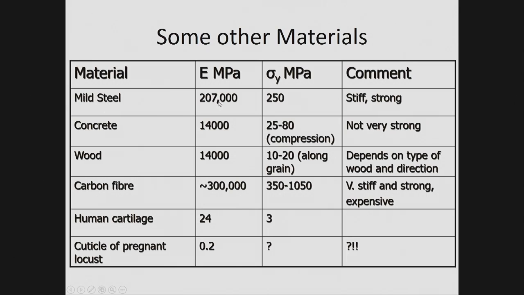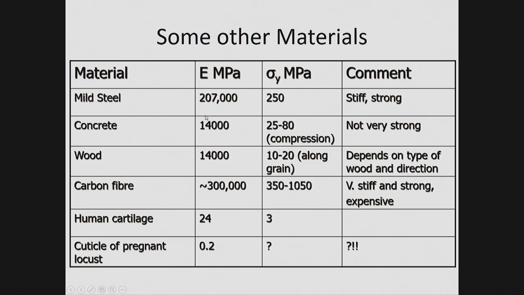Mild steel has about 210 gigapascal Young's modulus and 250 megapascal yield strength, very stiff, very strong. Concrete is about 14 gigapascal, with strength about 1/10 to 1/3 of that, so not very strong compared to steel.